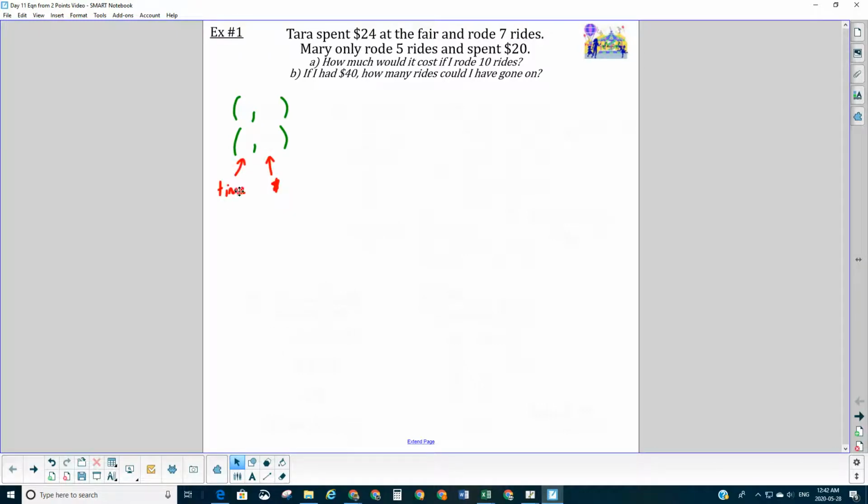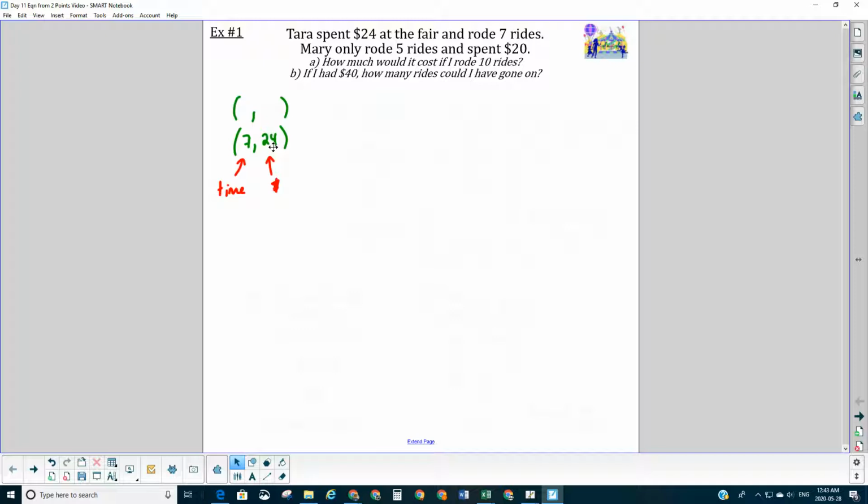And remember, our time goes first and our money goes second. In this case, time is represented by the number of rides, and money is obviously the cost. So for Tara, she had 7 rides and it cost her $24. Again, the independent variable goes first, the cost or the dependent variable goes second.